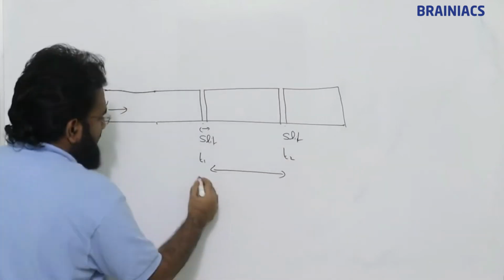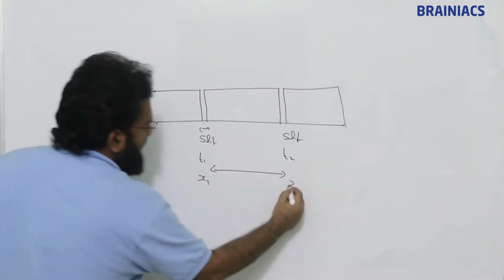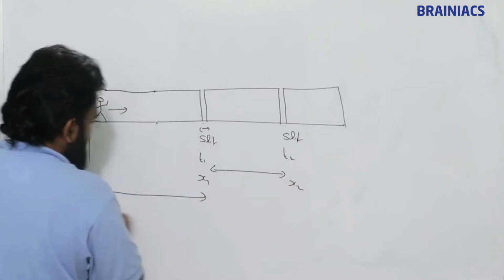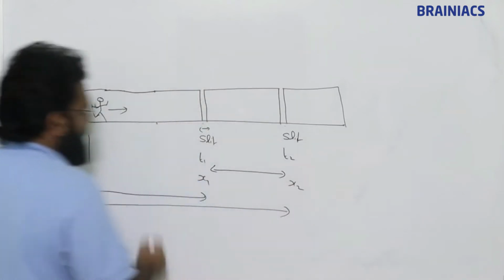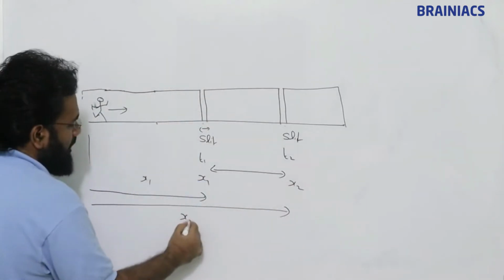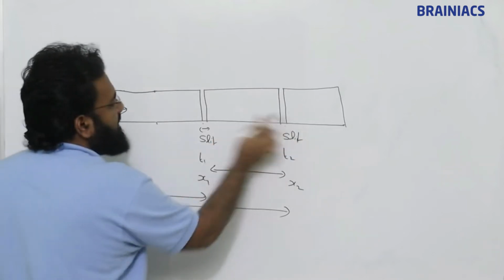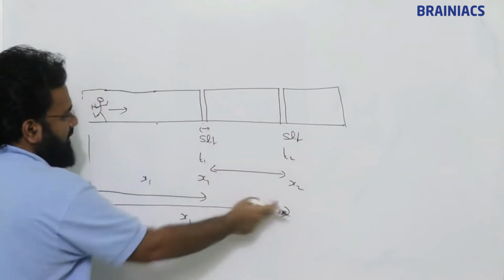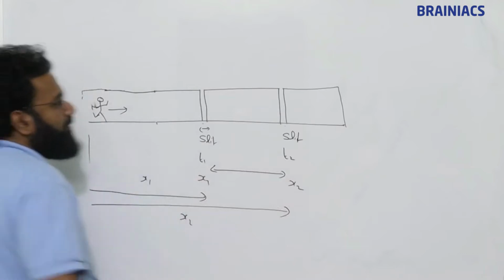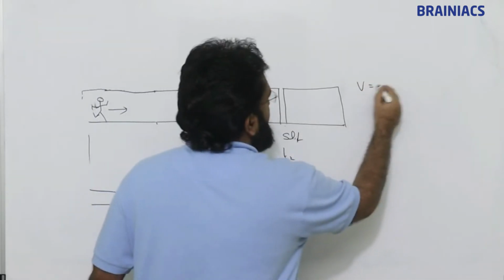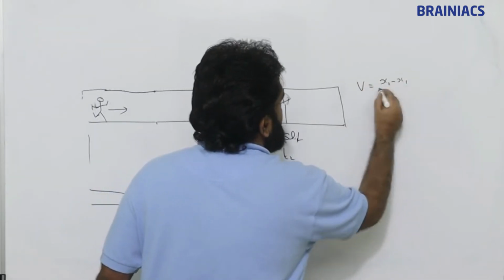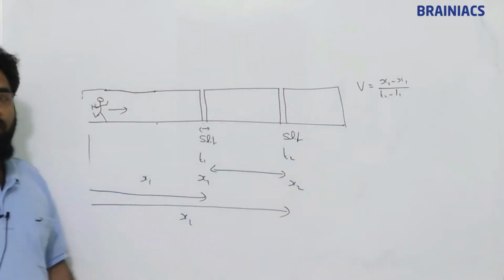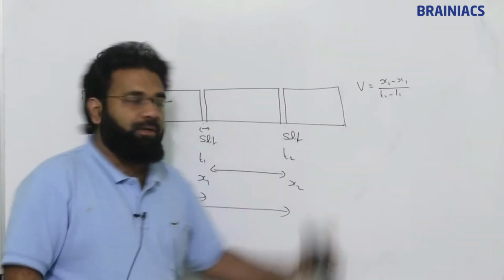Say for example this is x1, this is x2. So if we know this time duration, and we know the distance between the slits, then we will be able to find velocity. V is equal to (x2 minus x1) by (t2 minus t1). Clear or what?